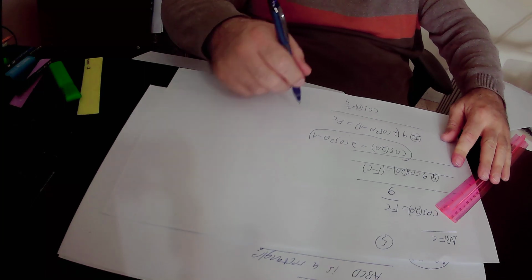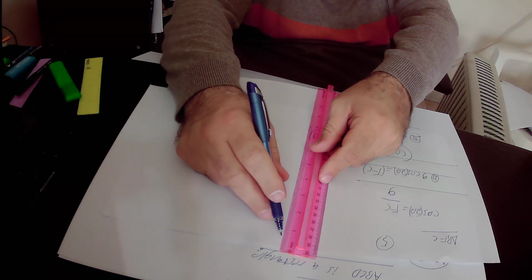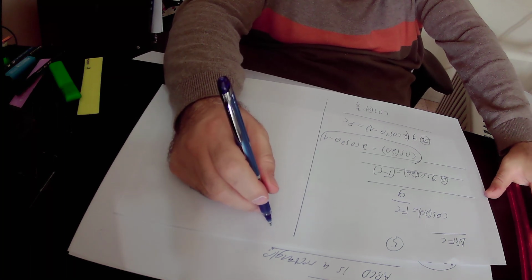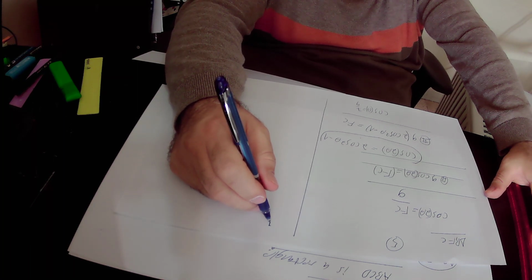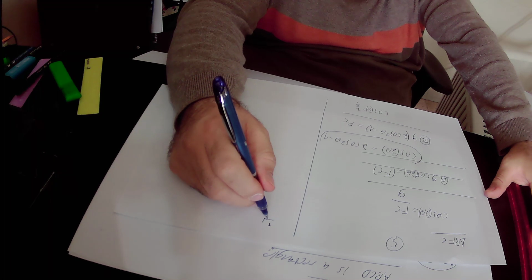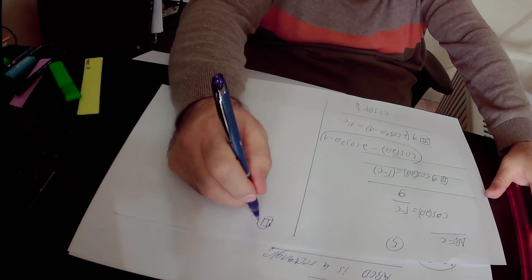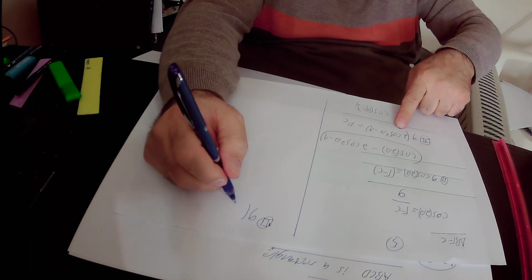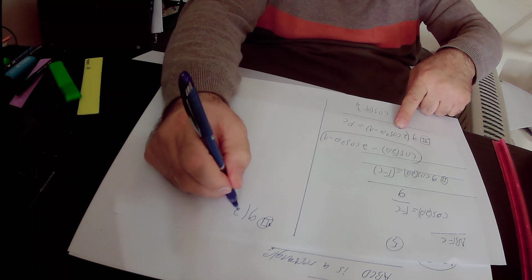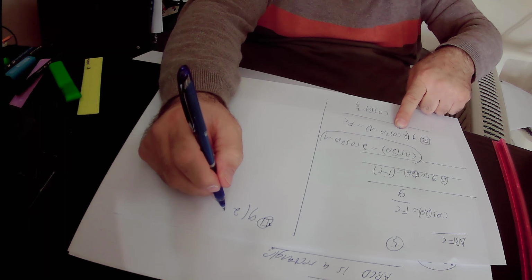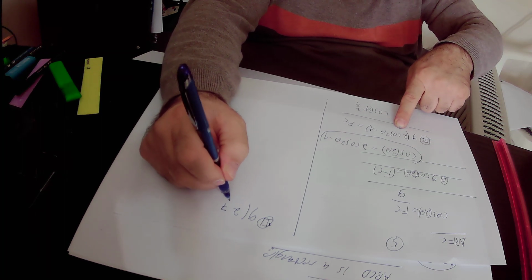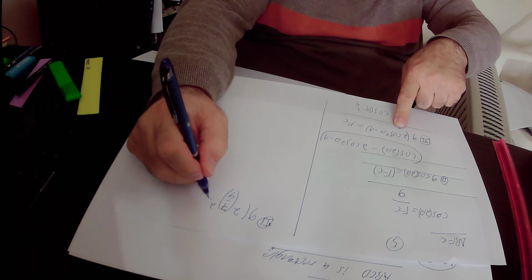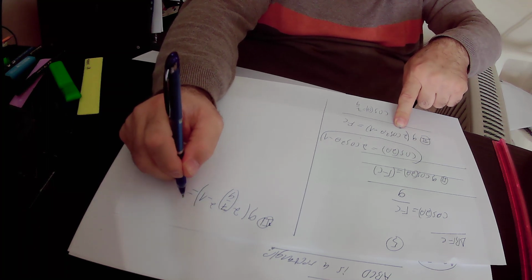We'll do it now and we'll get that 9 times 2 times cosine square theta, which is 7 over 9 square, minus 1 equals FC.